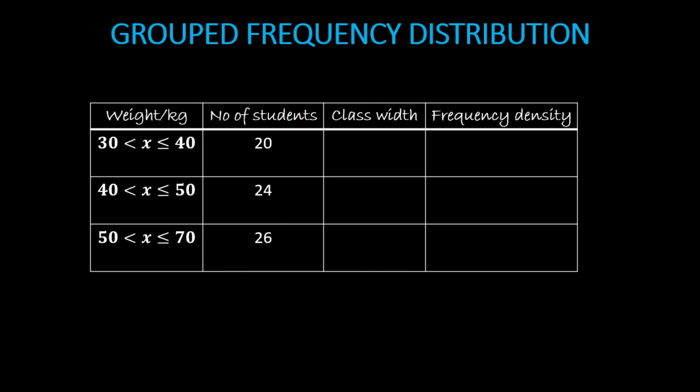So this is the same table, but I have added these two columns. Why I have added these two columns? Because to be able to draw a histogram, what are the informations that are required? The horizontal axis, of course, here it will denote the weight of the students in kilograms.